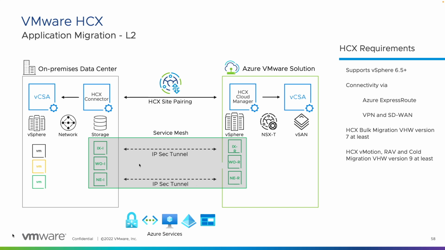So a quick rundown of the little green boxes that are sitting inside of the service mesh. These are appliances that are essentially going to help us with our migration. And if you notice, there is an I on the left side and there's an R appended on the right side of each appliance.